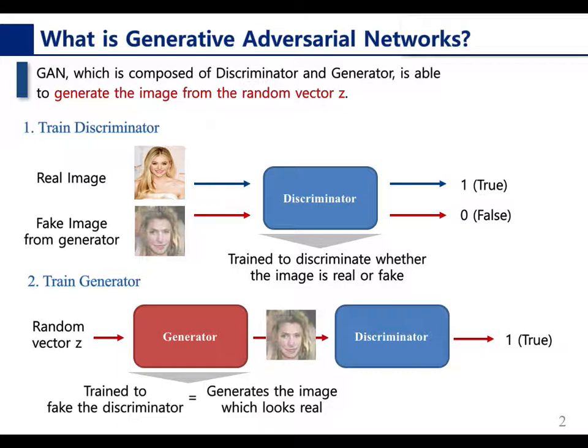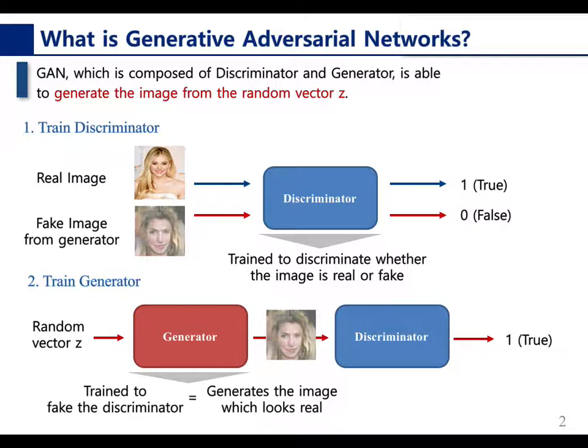Once the discriminator's parameters are updated by gradient descent, the generator comes in. The generator is trained with the discriminator which was trained before. We know that the discriminator tells that the real image is real, but the fake image is false.